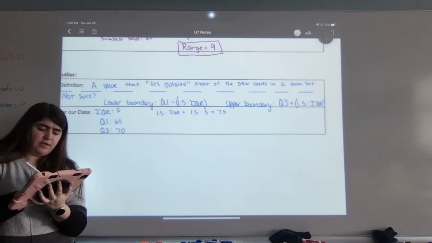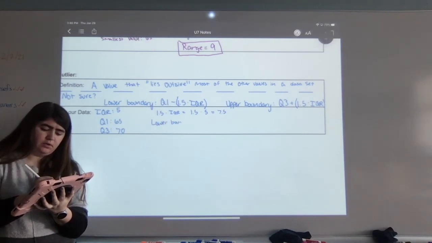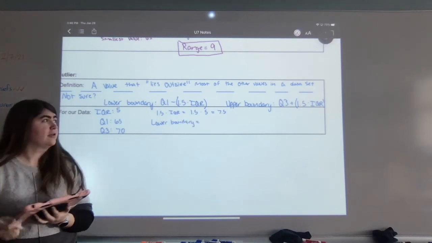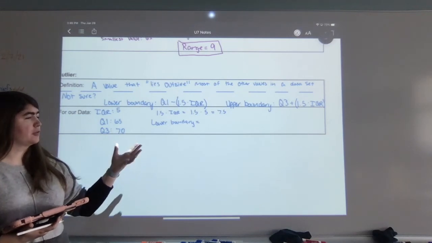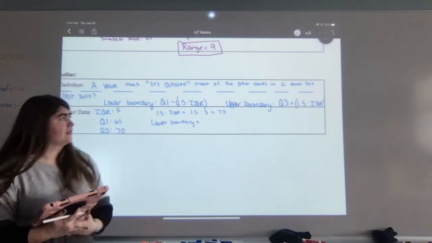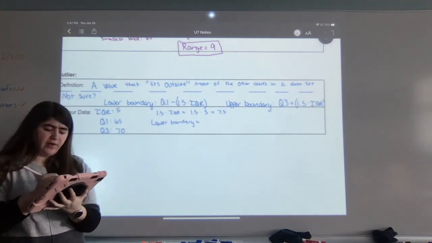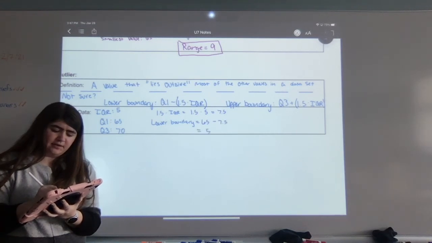So the lower boundary is equal to Q1 minus 1.5 times IQR. We have values for both of those things. Q1 is 65, and our 1.5 times IQR was 7.5. So I have 65 minus 7.5, and that is equal to 57.5.